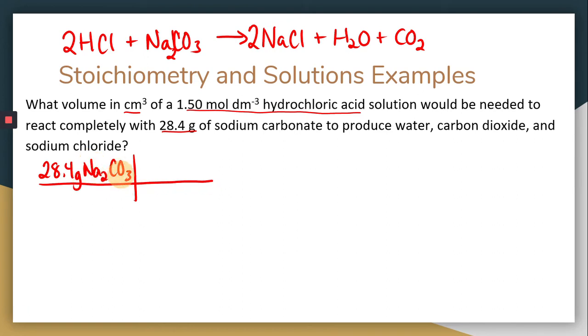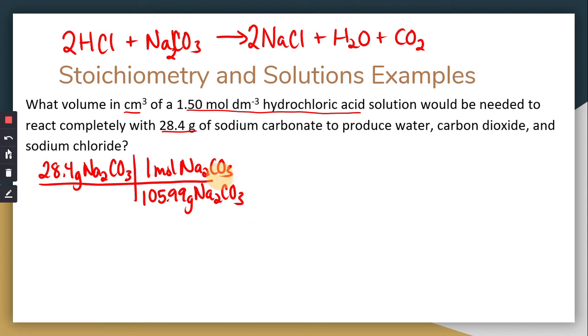So finding the molar mass off the periodic table, we have 105.99 grams of sodium carbonate is 1 mole of sodium carbonate. Okay, so then we need to find our moles of HCl.